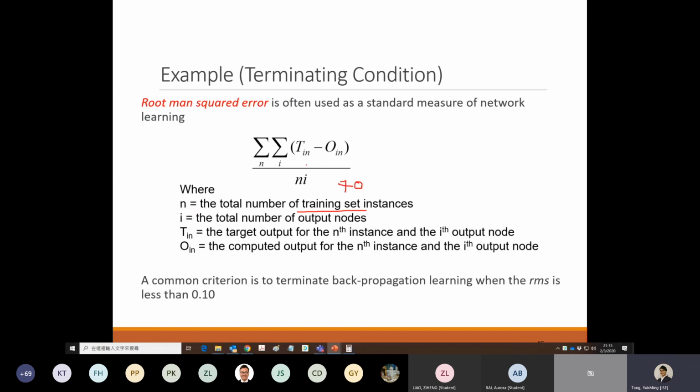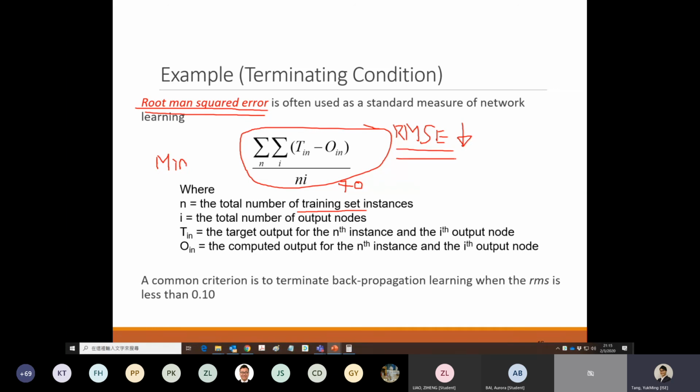You need to iterate again and again and again, and then calculate the root mean square error, and finally the answer with the minimum root mean square error is the final answer for your weighting. We want to minimize this error, and the answer with the smallest root mean square error is your final answer.